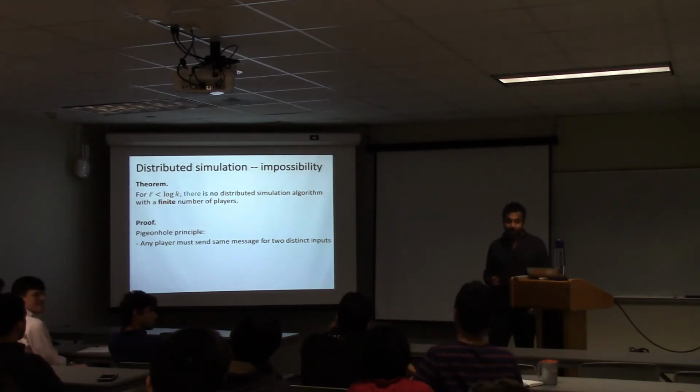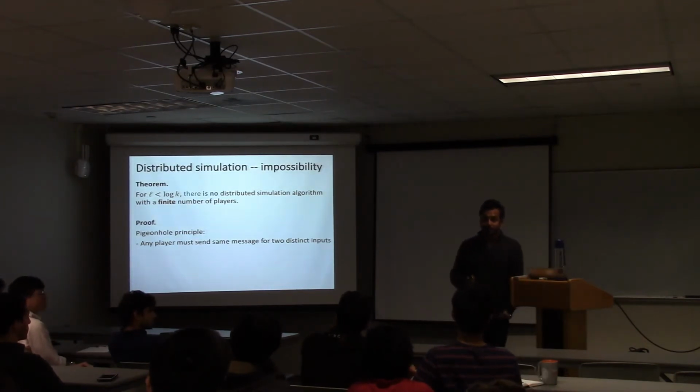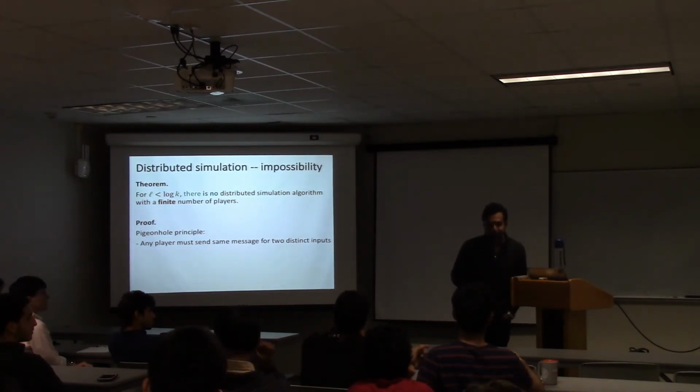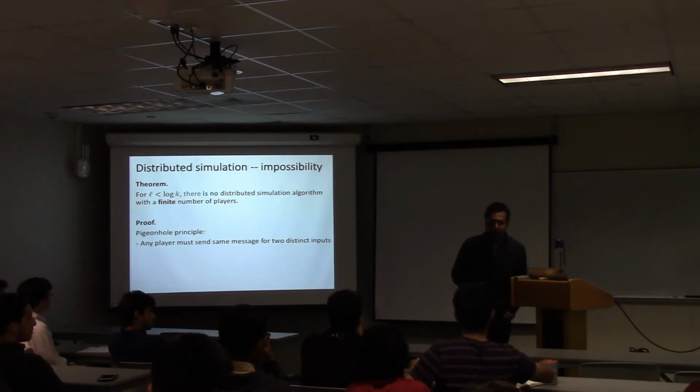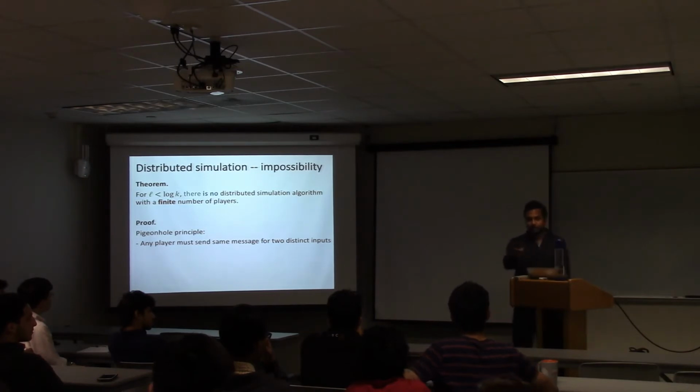Can this be used for uniformity testing? Because, for example, if I have a uniform distribution over n bits, I can assume them independent bitwise, and I can assume each one of them is sending just one bit, right? So if I just take the first bit from the first player, the second bit from the second player, and so on, and construct a sample. Yeah, and that won't work.